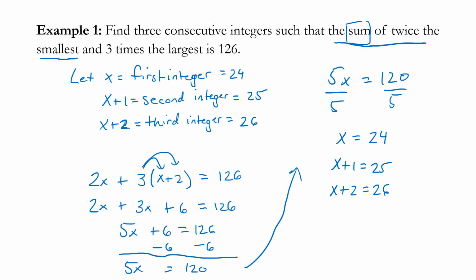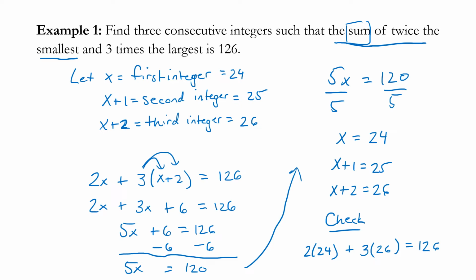Now checking this, I know that it says the sum of twice the smallest, so 2 times 24. I apologize, it should say 24, not 4. And 3 times the largest, so 3 times 26 is equal to 126.